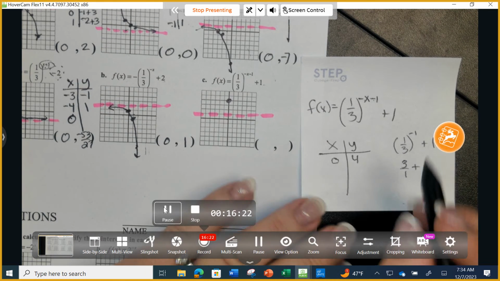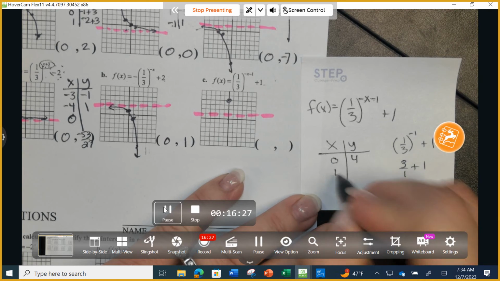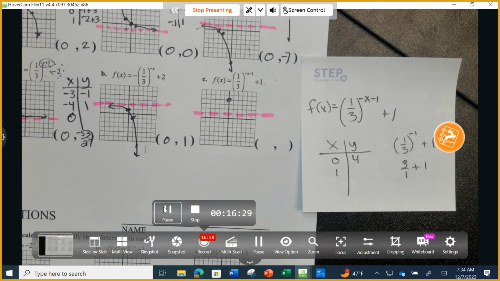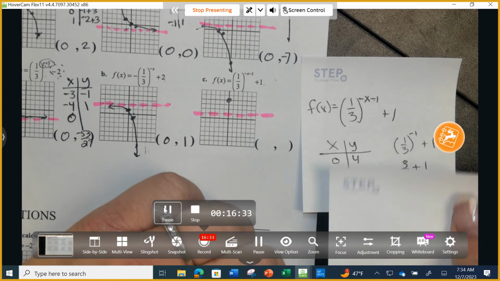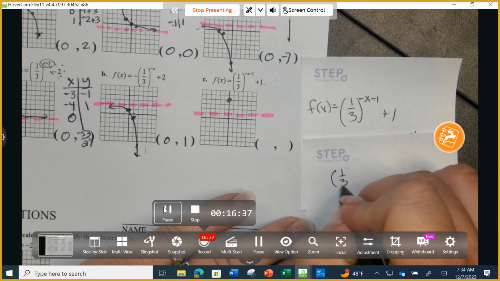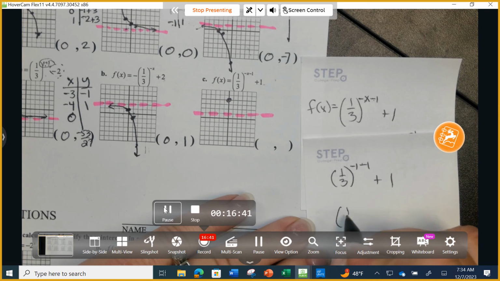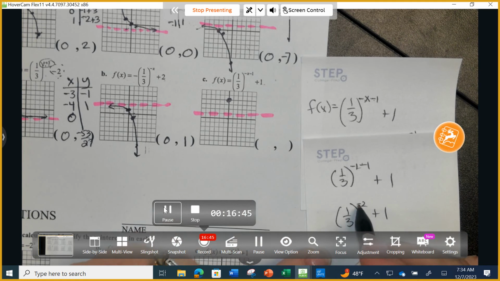All right, now I'm going to plug in a positive. Let's go with a positive 1. If I plug in a positive 1, I end up with 1/3 to the power of negative 1 minus 1, plus 1. And we have negative 2 plus 1. Now this means reciprocal.